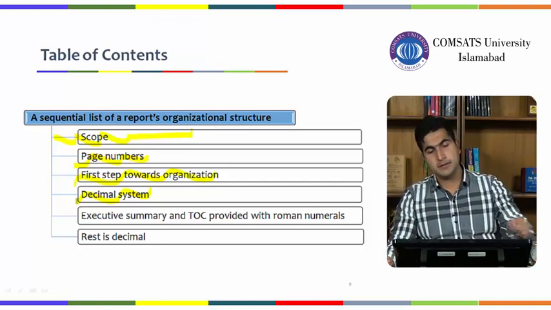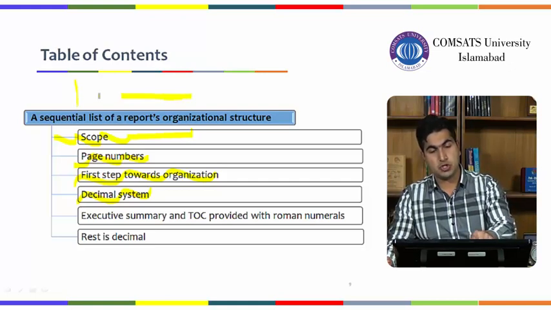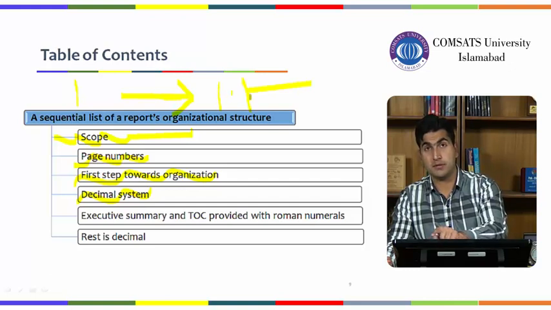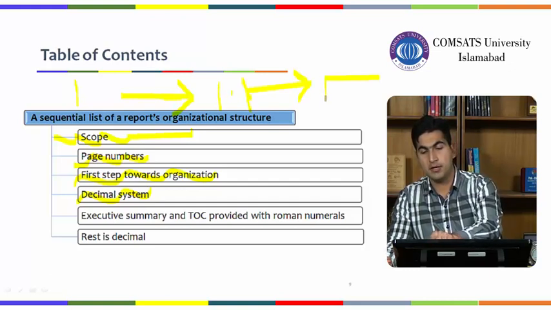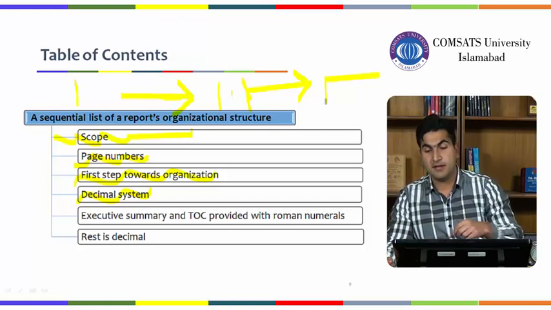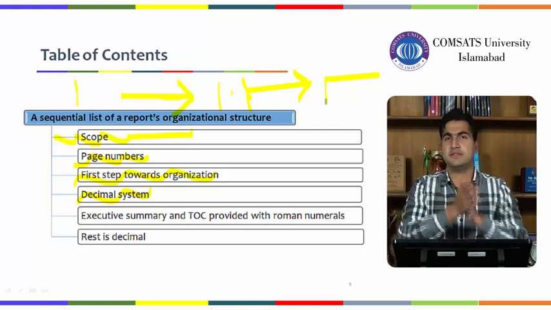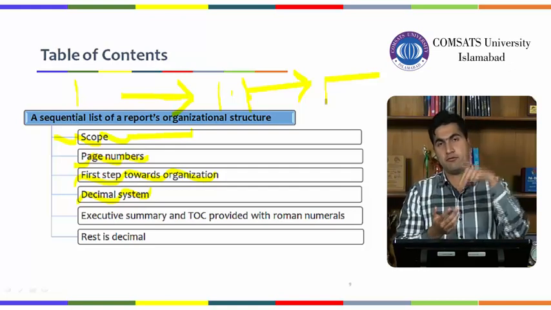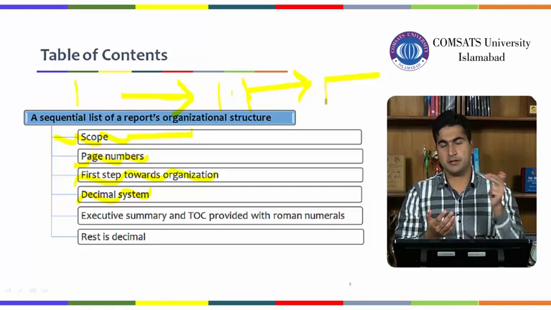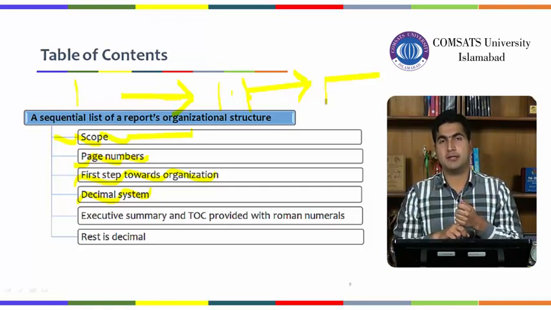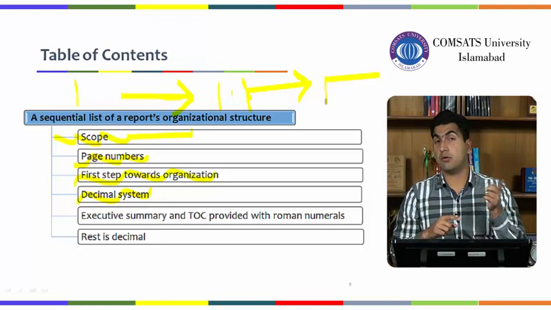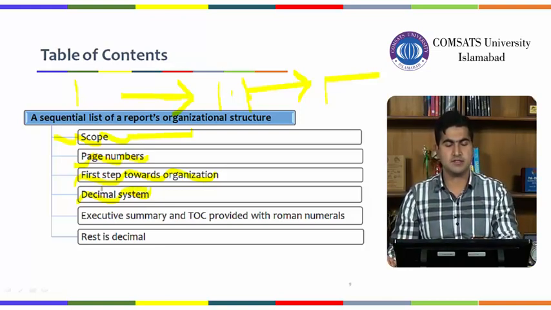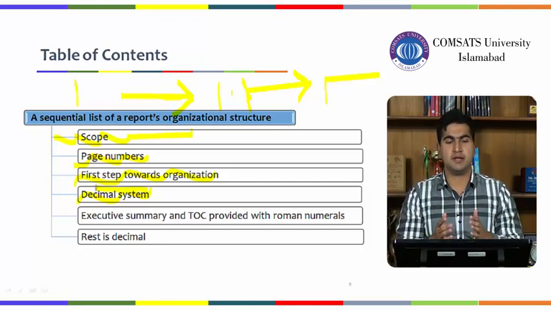The first degree of heading, 1. The second degree, under 1, is 1.1. Then the third degree of heading, under 1.1, is 1.1.1. So that's how you use the decimal system. That was the point because of which I mentioned it here.